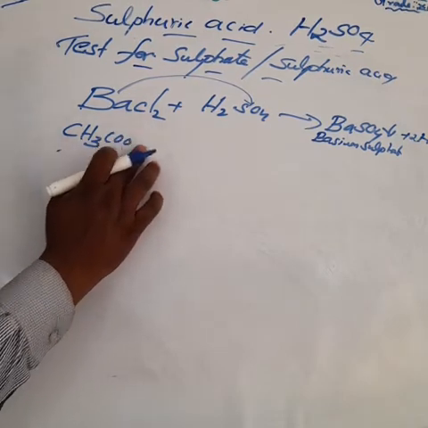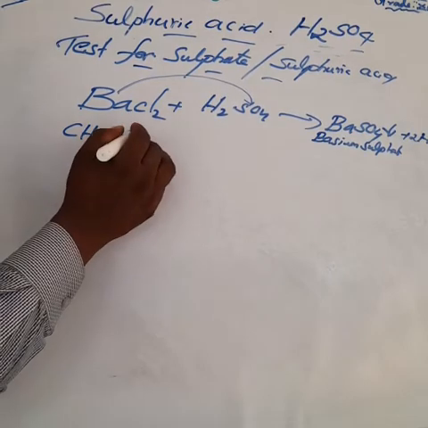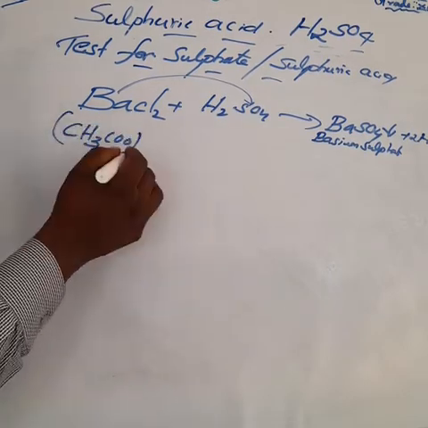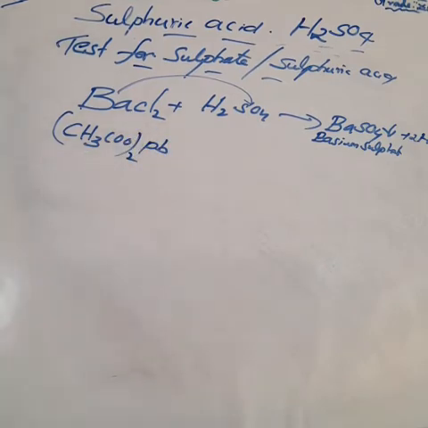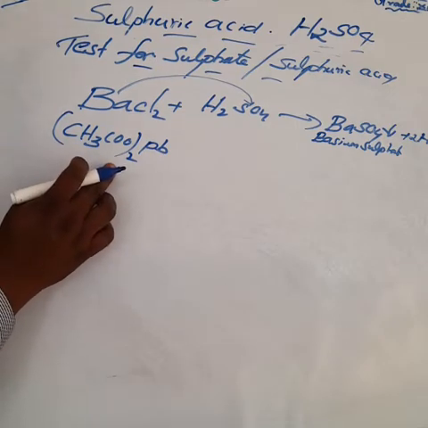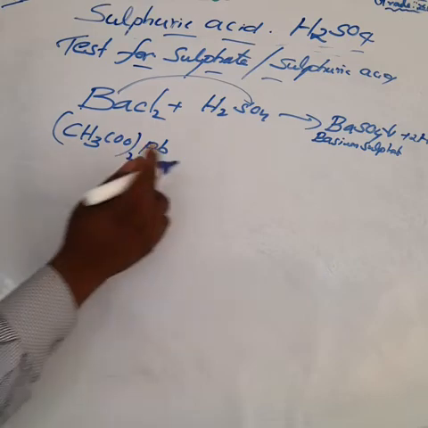Taking 2 moles of acetic acid, I am removing the 2 hydrogens and adding 1 Pb. That can be written as (CH3COO)2Pb, lead acetate.